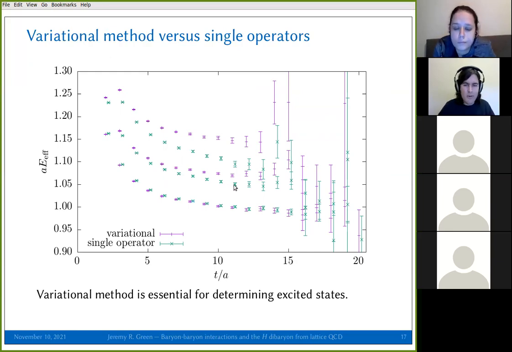However, these operators always have coupling to the ground state. And so the problem is that eventually these green points, which result from using a single operator, will always eventually decay down to the ground state. And so what happens is you can get maybe a false plateau, but not only is it not the true plateau for this correlator, it's also not actually the correct energy level. And so particularly if you want to get excited states, it's absolutely essential to have a proper variational setup.